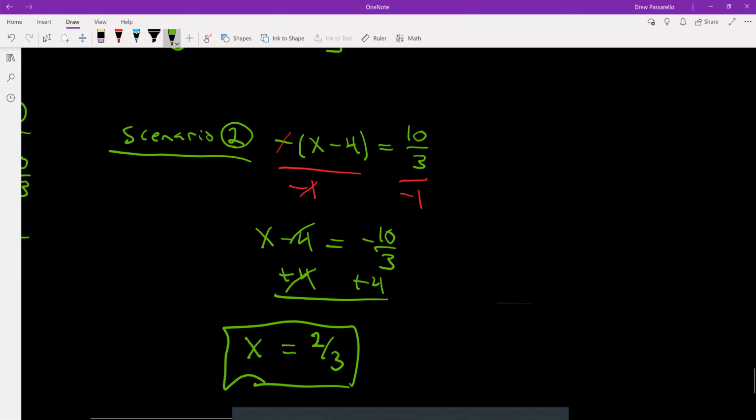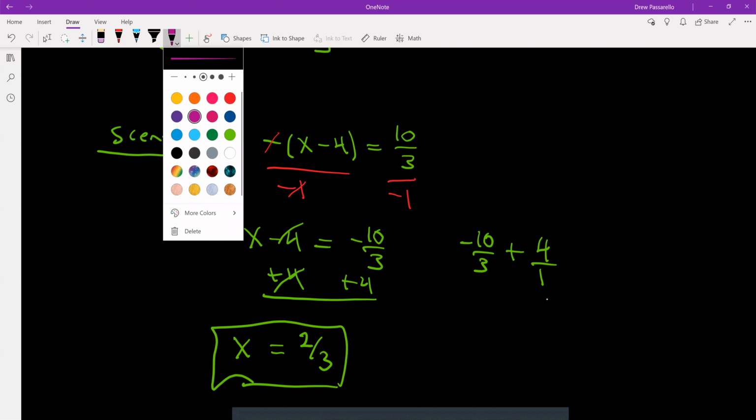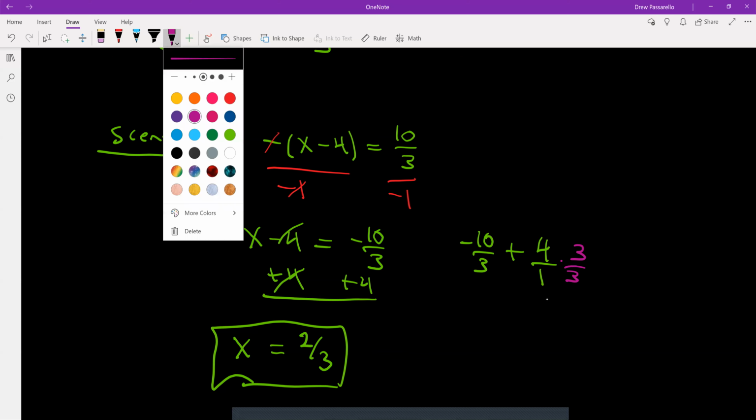All right, so I'll do that off to the side. If I did -10/3 plus 4, you can write 4 as 4 over 1. But I need the same denominator of 3, so I multiply this top and bottom by 3. That gives me 12 thirds.